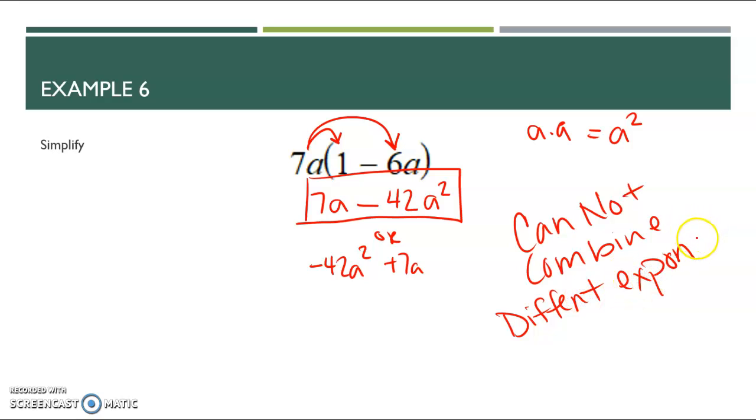Not when we are adding or subtracting. They don't combine. All right, that is all for our distributive property and, in total, our combining like terms and our simplifying algebraic expressions.